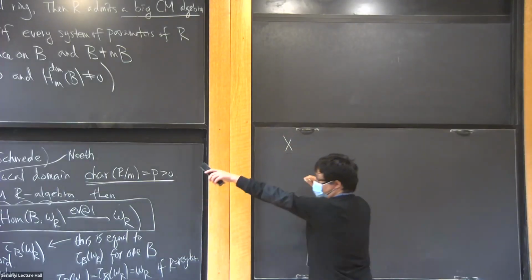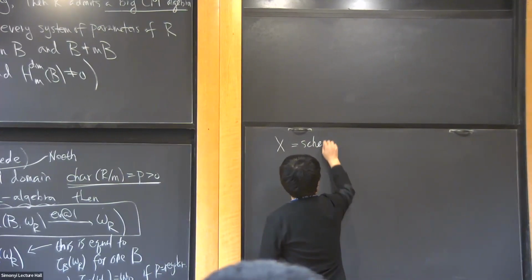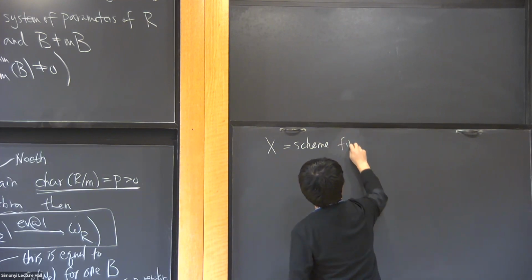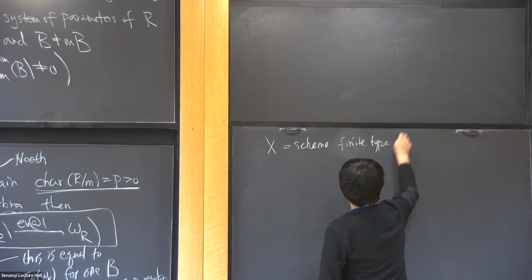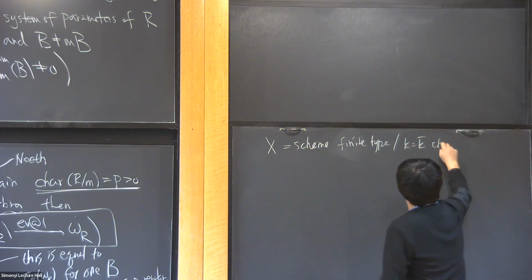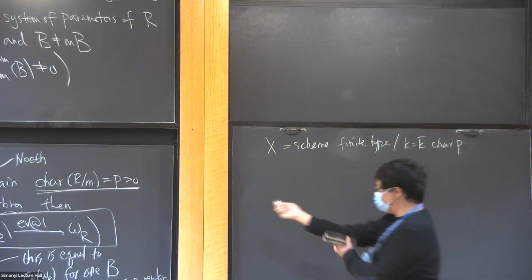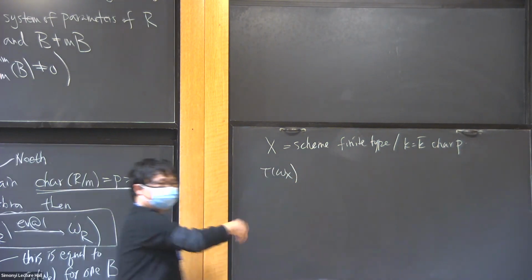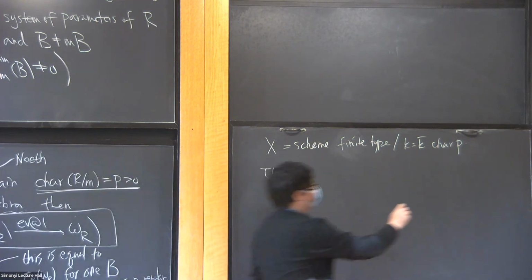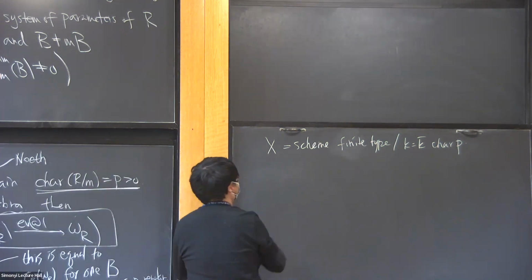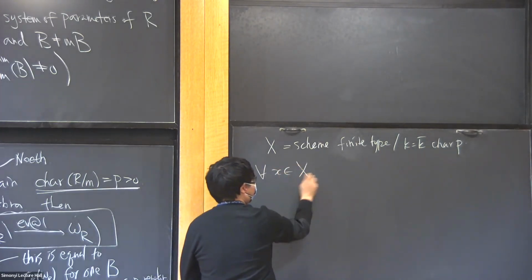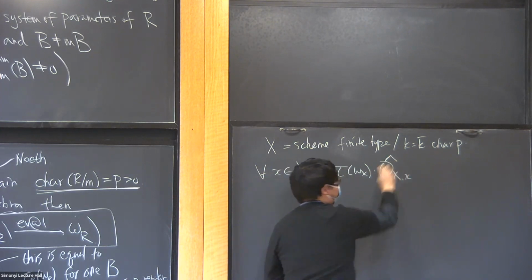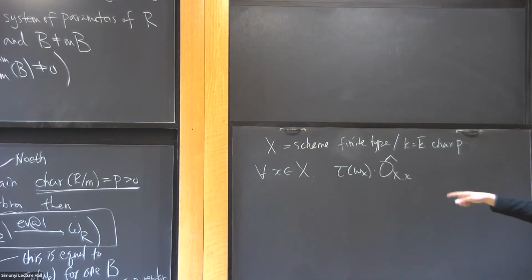Say X is over a field of characteristic P, and then you can define this tau omega X by the Frobenius. Then you take a point, look at the completed stalk at that point, and it does agree with what I wrote there.